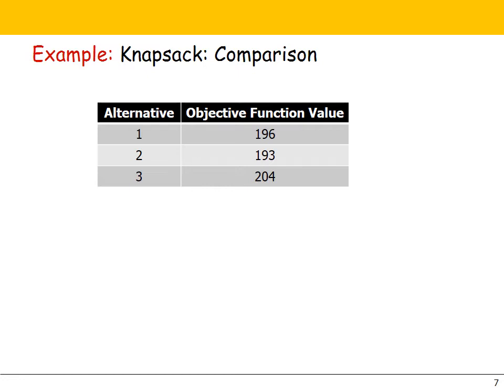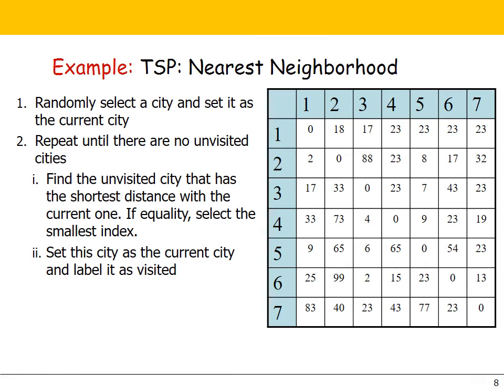So let's see another problem, a heuristic for a different type of problem. Now let's consider a well-known problem and develop a construction algorithm and solve an example problem for the traveling salesman problem.